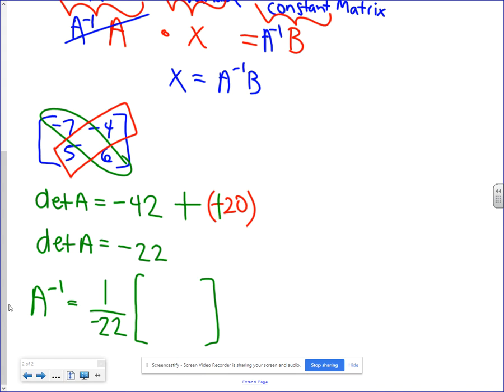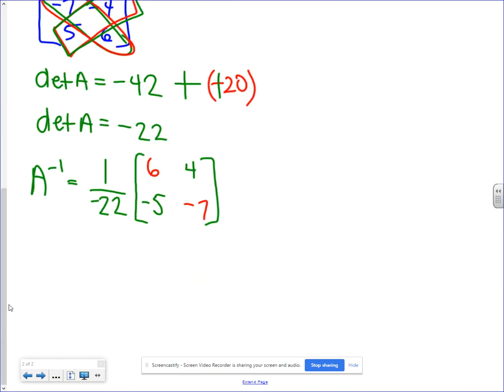Remember, these two right here, we switch those. So 6 will go here, negative 7 goes there. And then these two, remember we changed the sign of those. All right, so the inverse of A, that's what we're looking for.